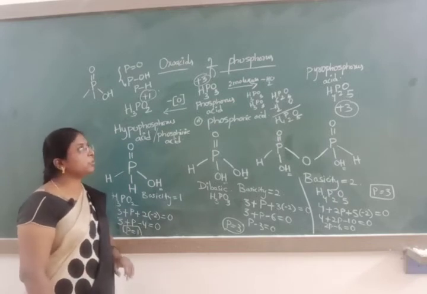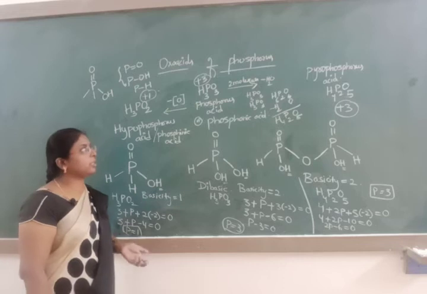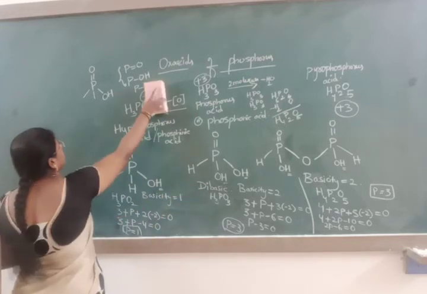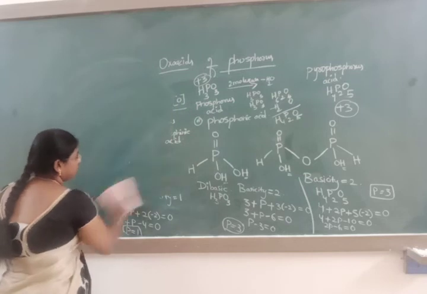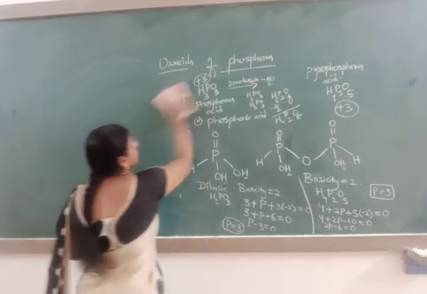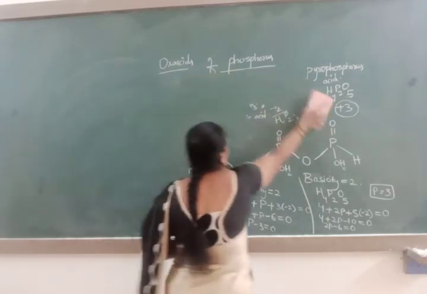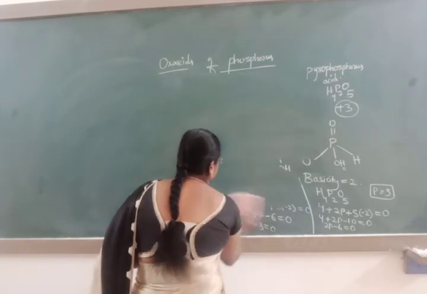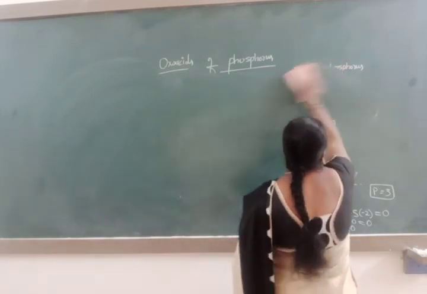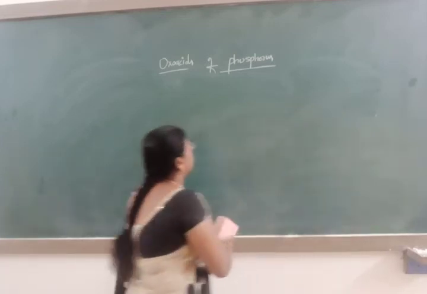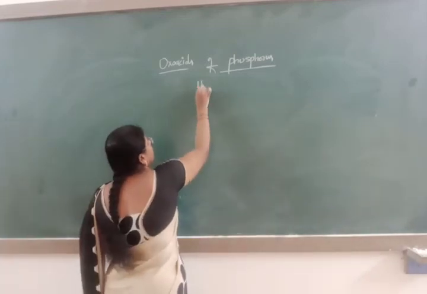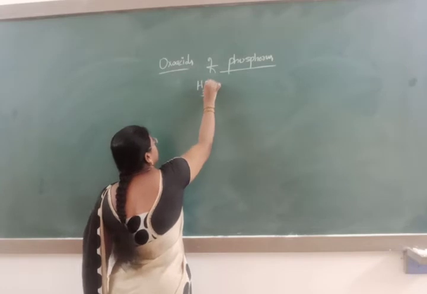Next we will move towards phosphoric acid. This was phosphorus acid. Next is phosphoric acid. The phosphoric acid formula is H3PO4.